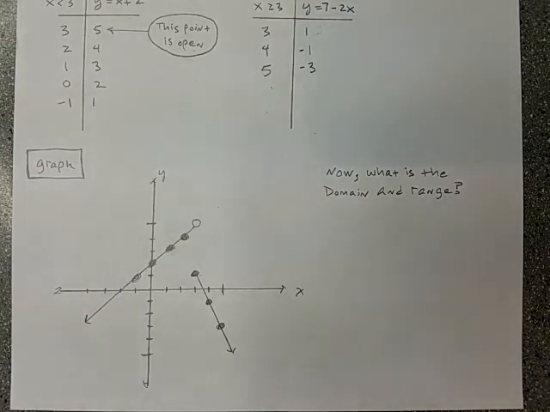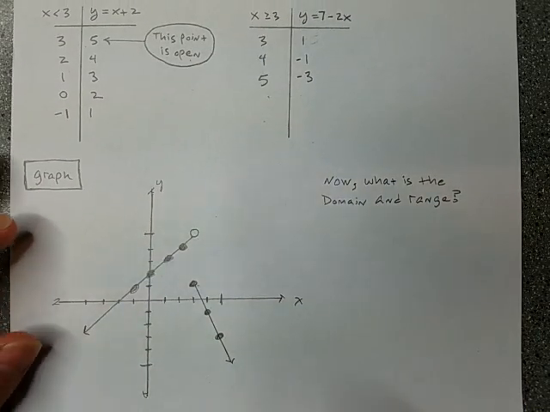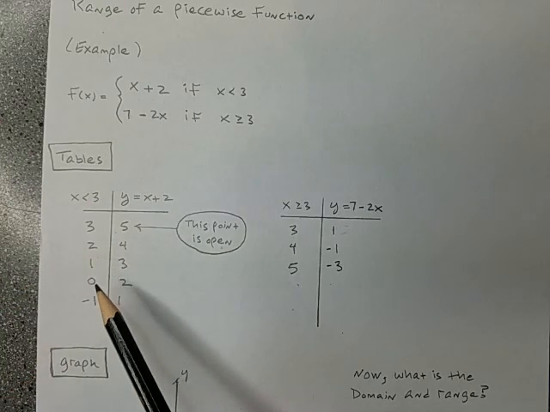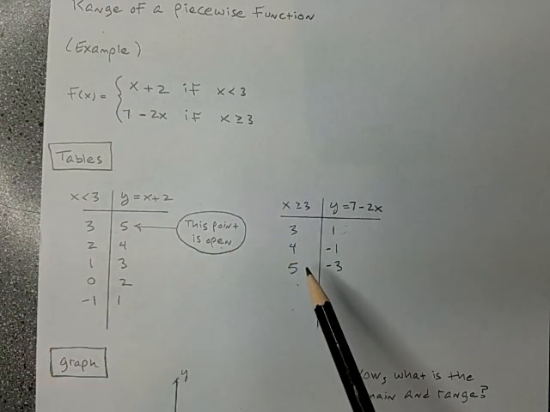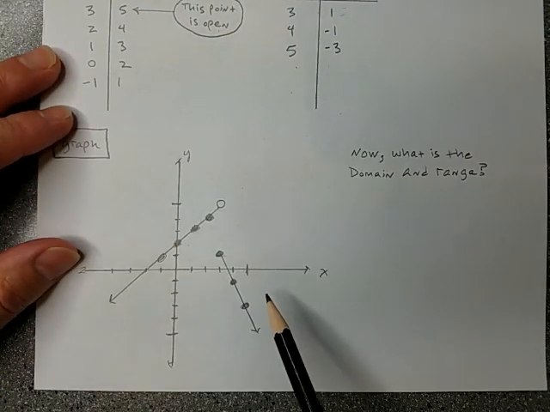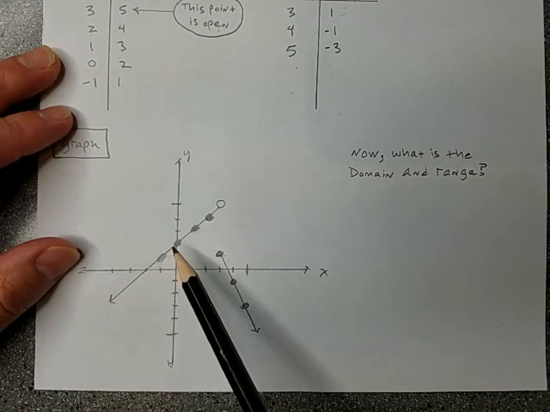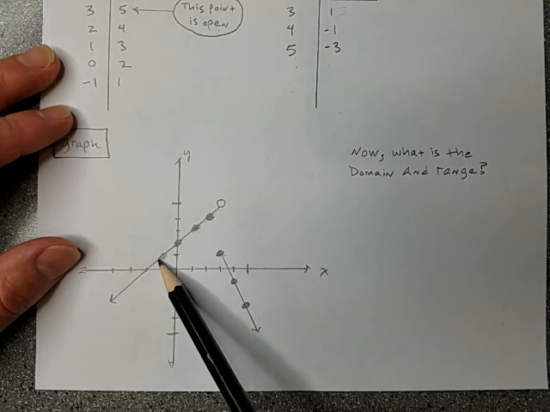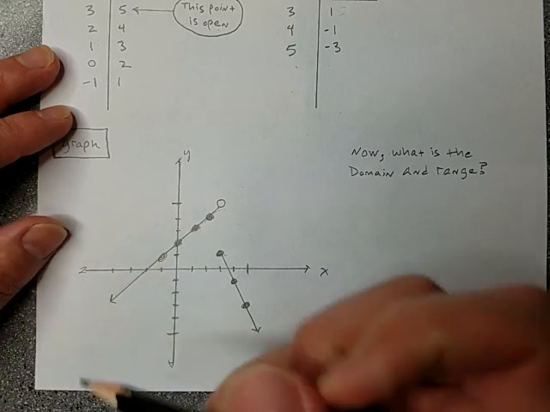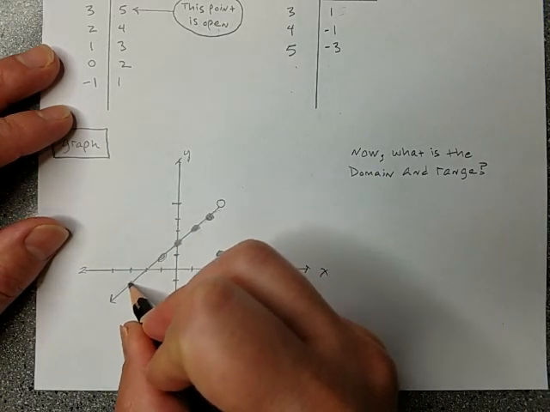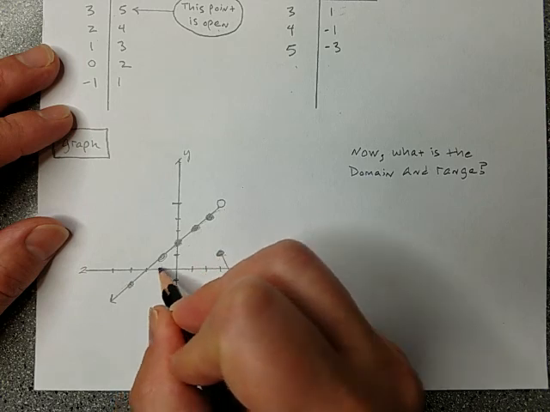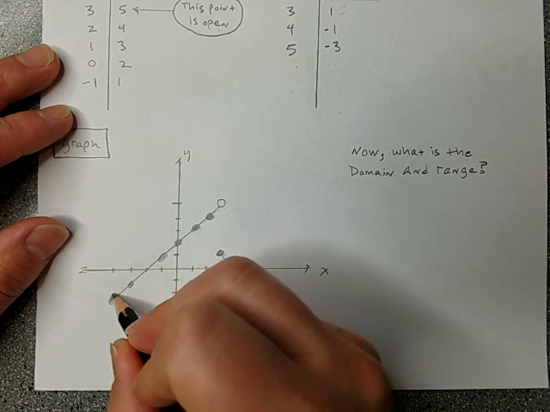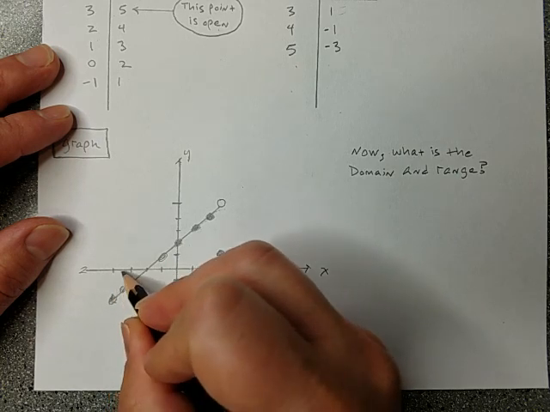All right, so let's see. What can x be? x can be -3, 2, 1, 0. It could be 4 and 5. You get the idea. But couldn't it be anything in between those numbers? Yeah. Couldn't it be anything over here? See this point right there? What's the x coordinate of that point? It's -3. And this point right here is -4. This point right here is like 3.5.